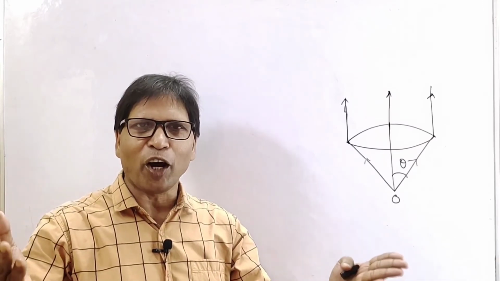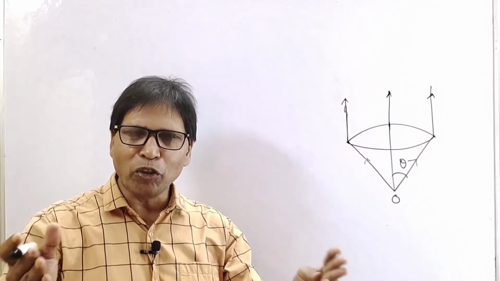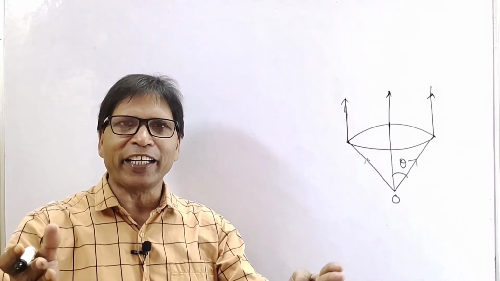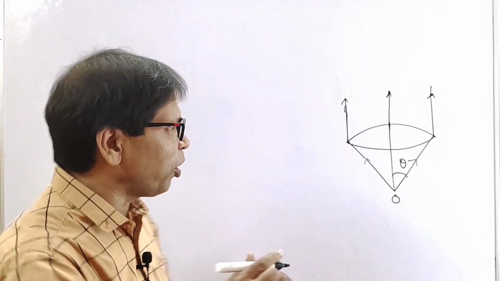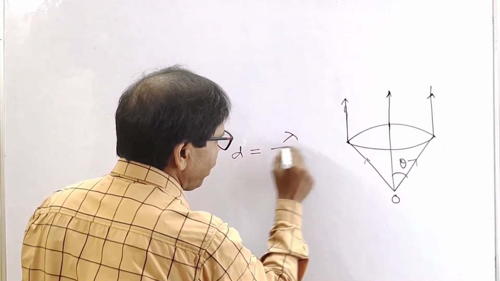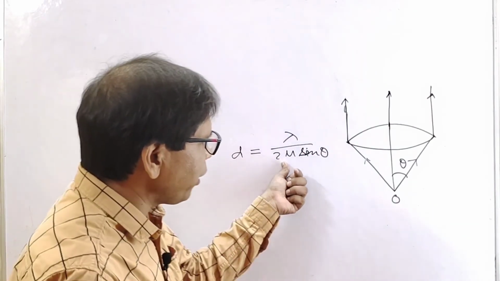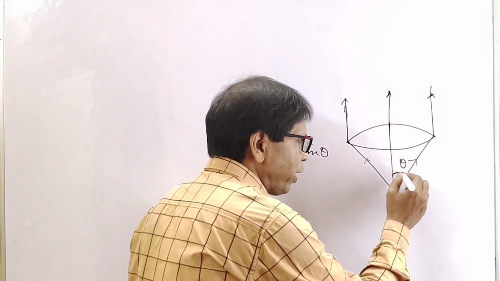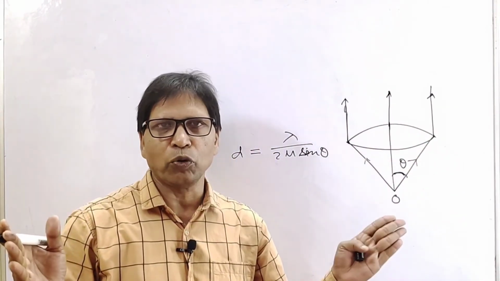Now, limit of resolution of a compound microscope. The minimum linear separation between two close objects at which they just appear separated when viewed through a microscope is called the limit of resolution, and this limit of resolution is equal to λ divided by 2μ sinθ, where μ is the refractive index between the lens and object, θ is the angular separation, and λ is the wavelength of light used.